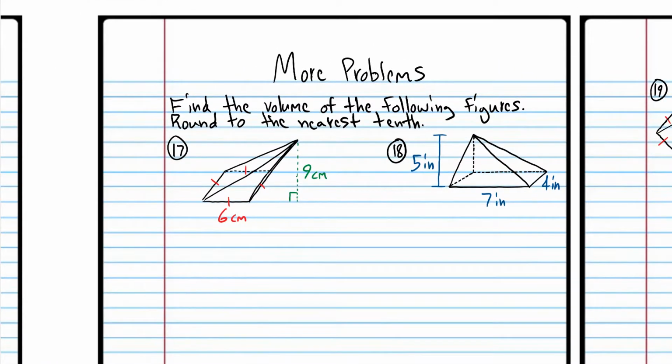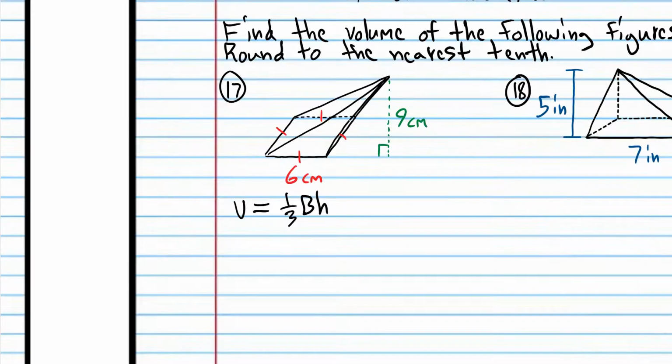So for example, our pyramid formula was 1/3 times the base area times height. So the base area is obviously 6 times 6 because it's just a square. That's what those tick marks mean. And therefore the volume is equal to 1/3 times the base area times height. Again, I'll write that formula down there.